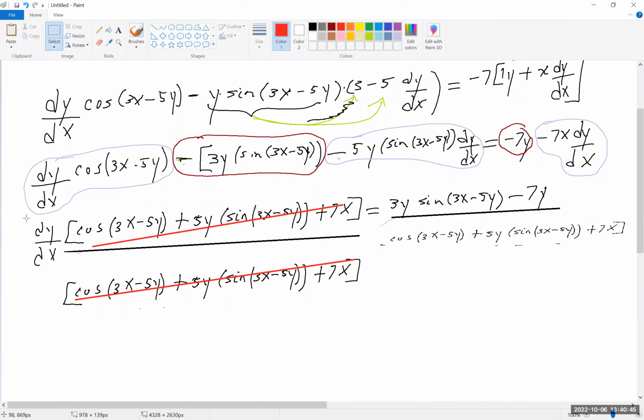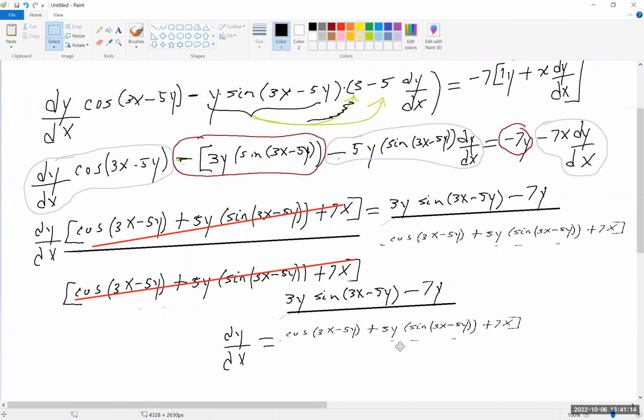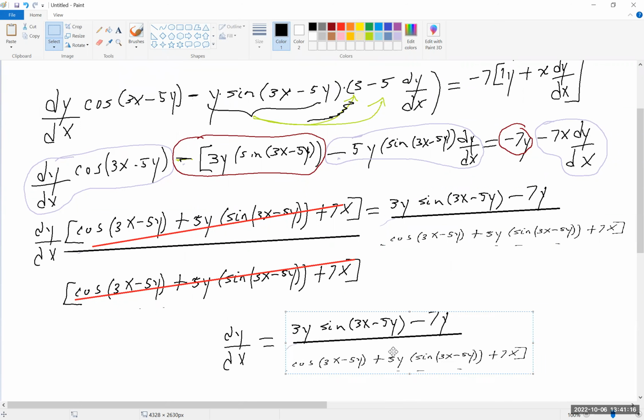And therefore, dy dx is equal to this expression, which is pretty complex, but that's how you do this kind of problem.